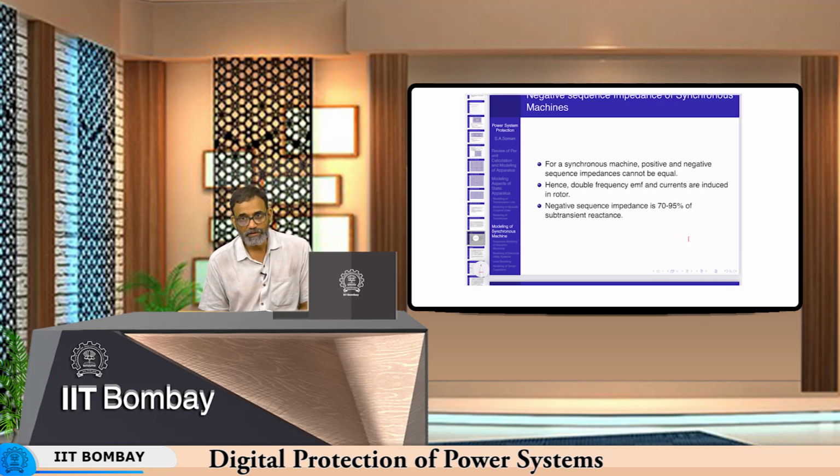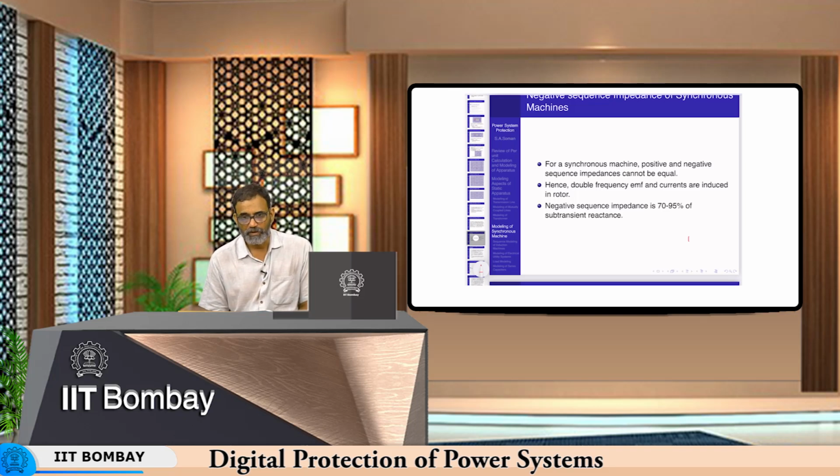This rotates in the opposite direction with the same speed as that of the forward rotating magnetic field. So, with reference to the rotor, this is rotating at twice the synchronous speed. Okay. So, this will induce double frequency currents in the rotor, which will then act, by Lenz's law, to reduce the negative sequence flux in the machine.